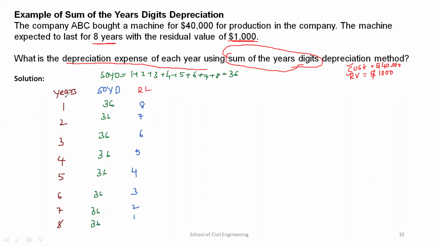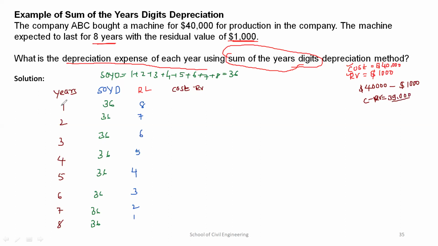Now we have to calculate cost minus residual value. What is the cost? The cost is $40,000, minus the residual value of $1,000. So cost minus residual value is $39,000, right?